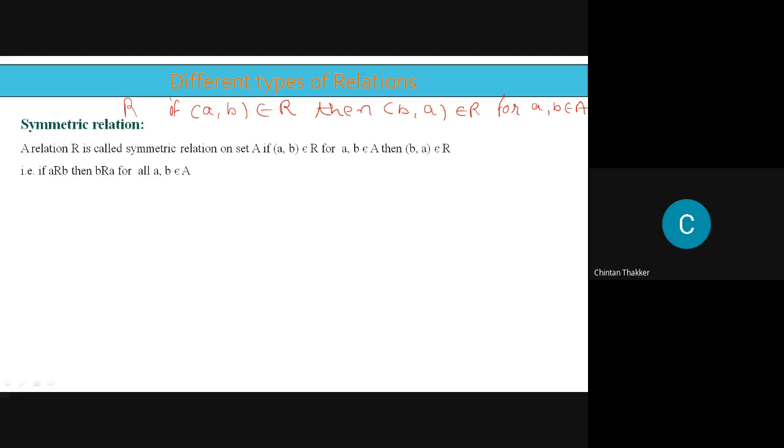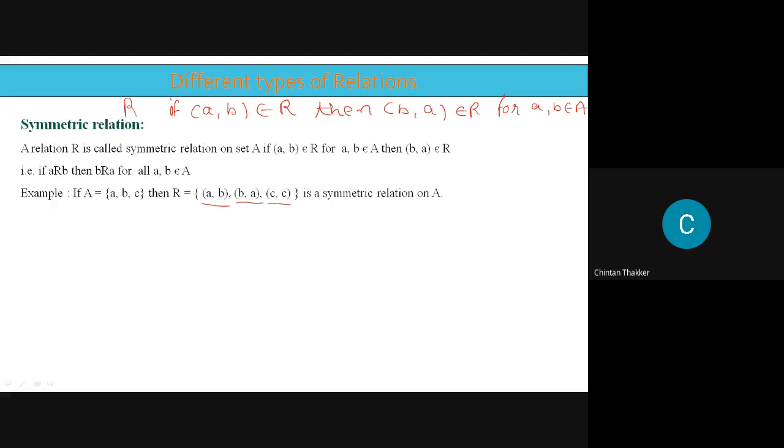Now we take one example. Here A is given as a, b, c. Here R contains (a, b), so the reverse pair is (b, a), which is also in R. And we have (c, c).